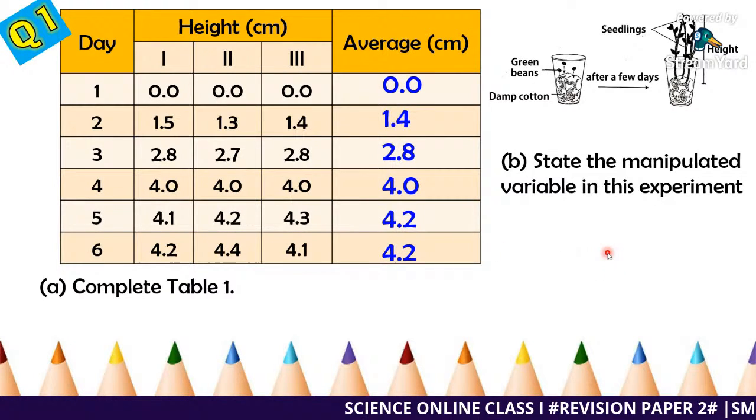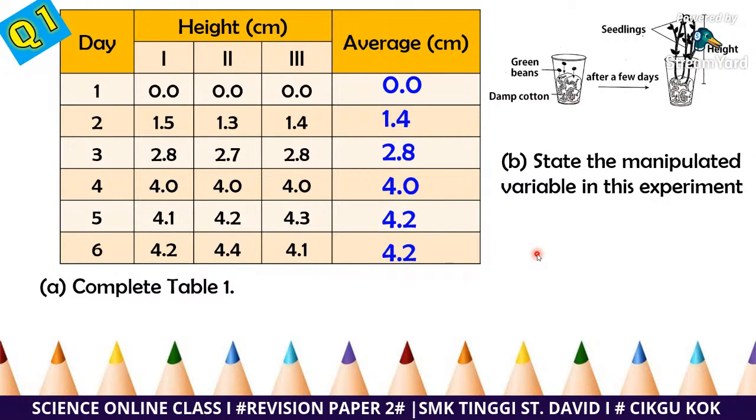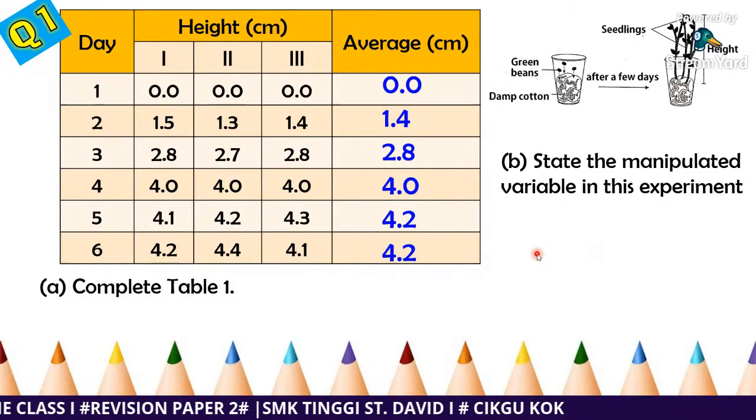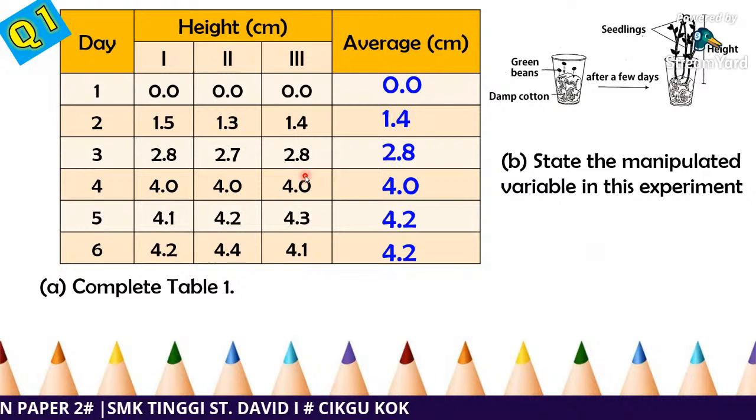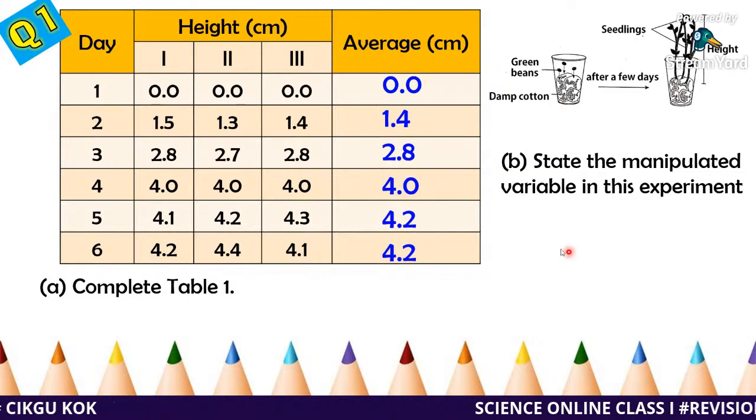Okay, the damp cotton, no, that's not the answer. Manipulated variable means what I control. What do I control in this experiment? Anybody want to answer?